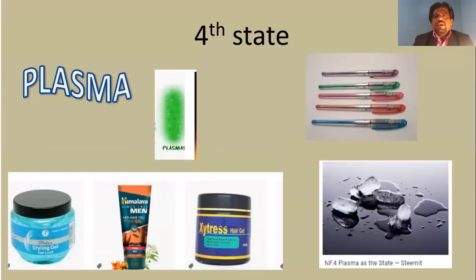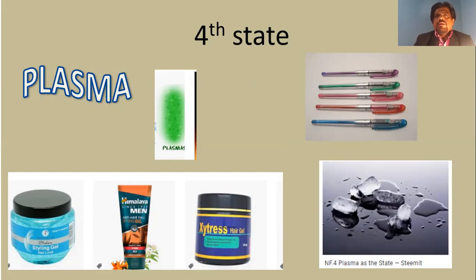Before we go to parts of speech in detail, I may remind you that recent scientists have discovered a 4th state of matter, and that is what we call plasma. The gel which we use in the pen, and so many things, come under this 4th state, which we call plasma.